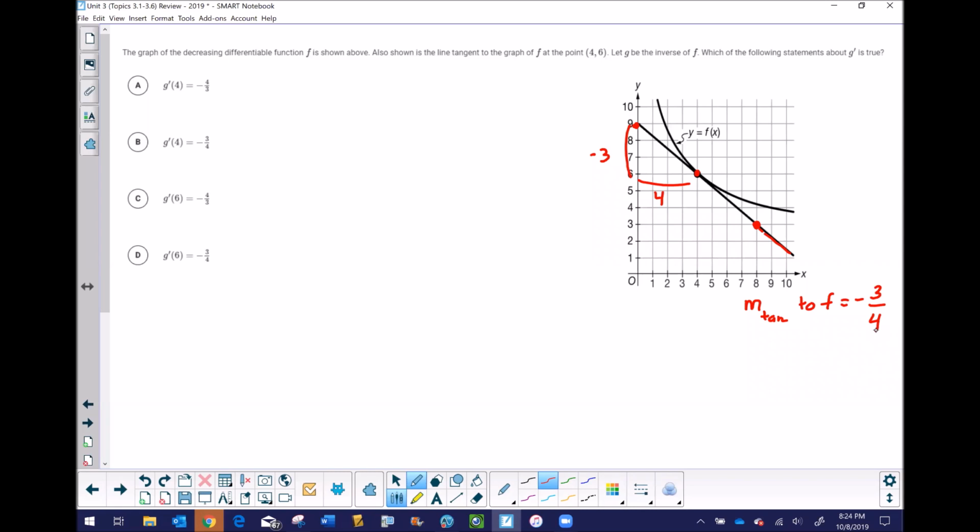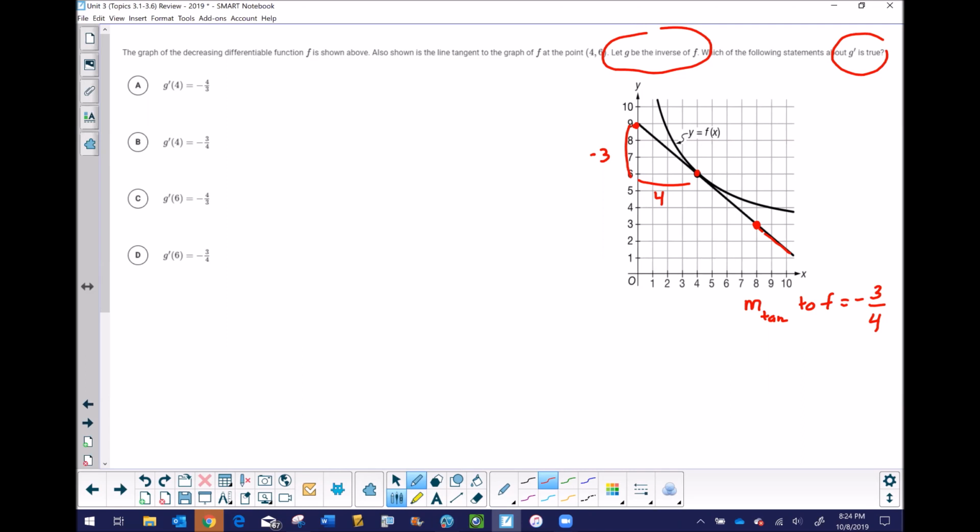Nobody's going to refute that, right? Well, when they ask you to find the derivative of g, that would be the slope of the tangent to g, right? But they also say that f and g are inverses. So you've got to pick up on something very, very subtle that we talked about in class. And that is that the slopes of the tangents to inverse functions are blank of each other.